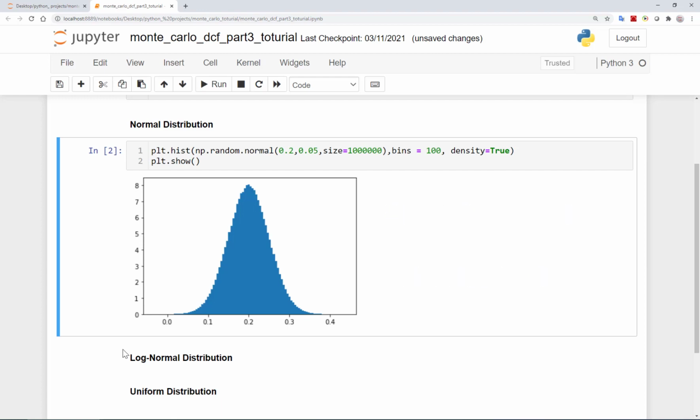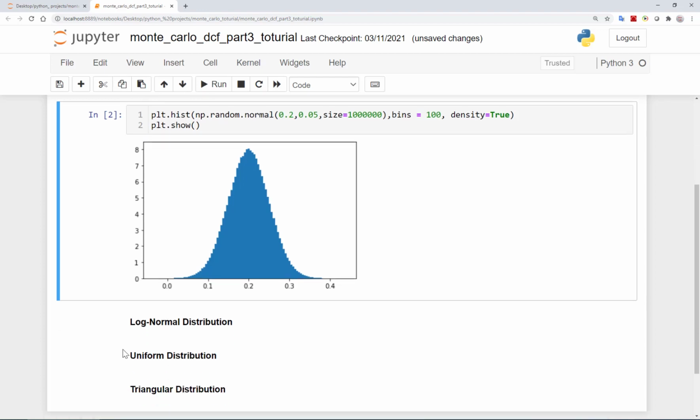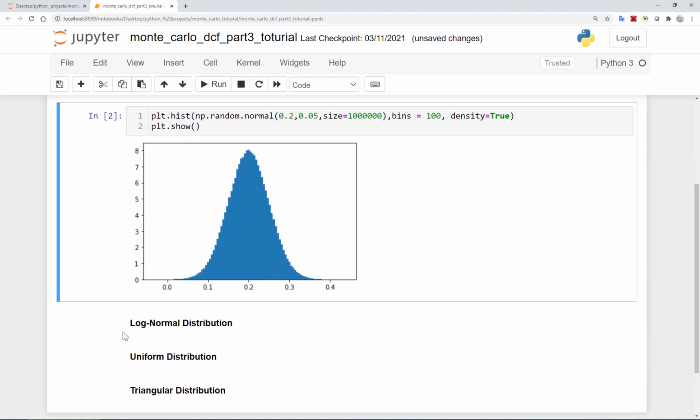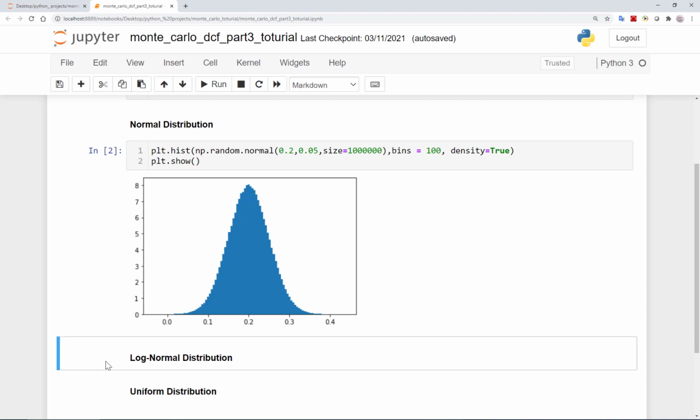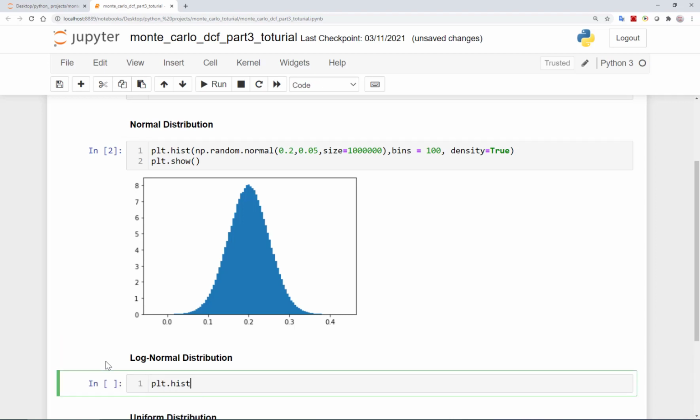I must say that for prices, we should consider distributions like the log normal distribution, which has a lower bound of 0 and is skewed to the right, which means that it has a right tail. Here, let's also plot a log normal distribution, say for a distribution that the log of it is normally distributed with the mean of 0 and standard deviation of 1.